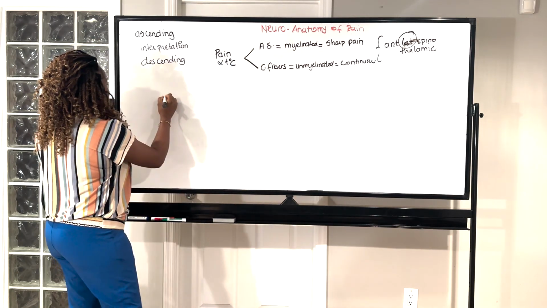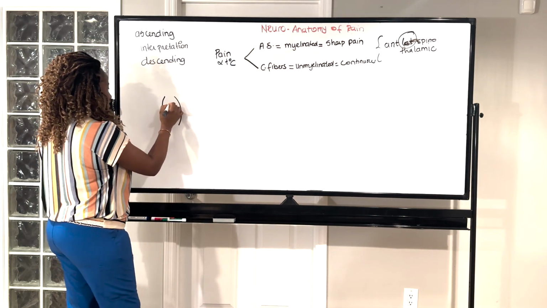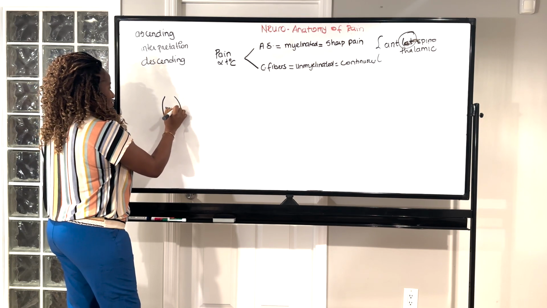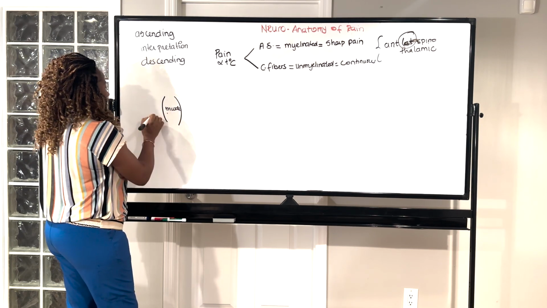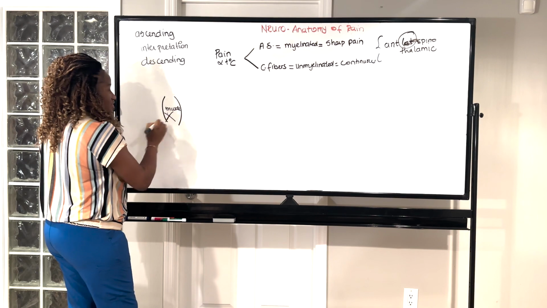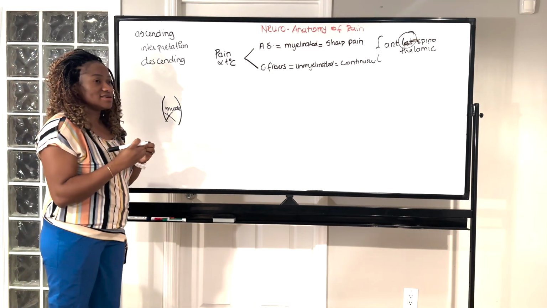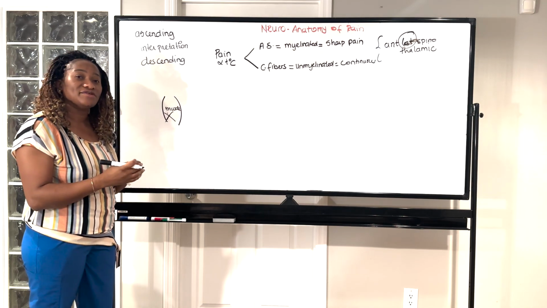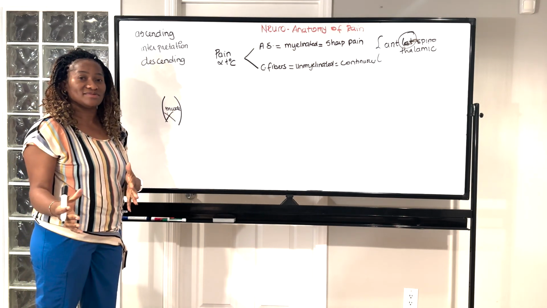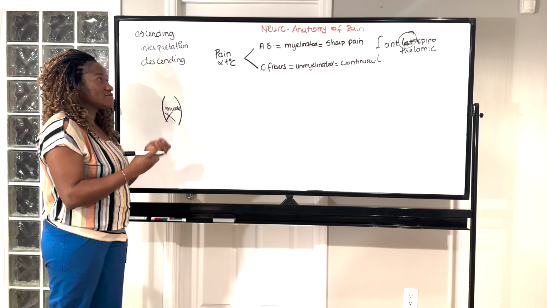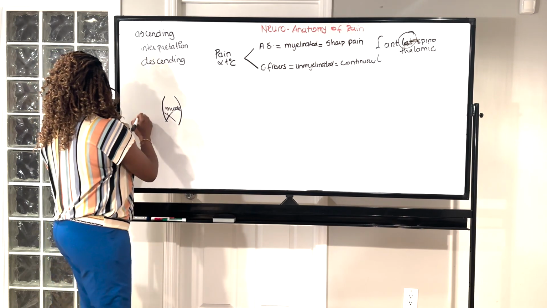So let's say we have a skeletal muscle here, and we have a pain sensation here. This pain is going to be communicated to the nerve as an action potential. This is the first phase of pain transmission, which is called transduction.